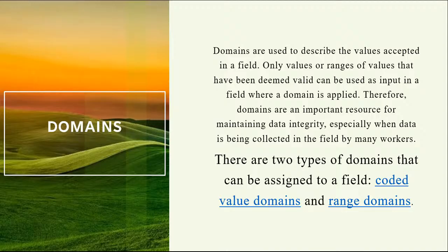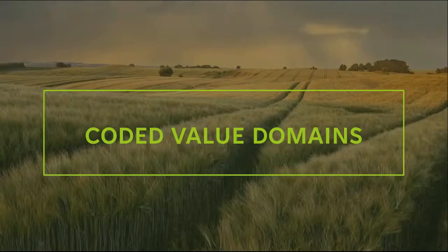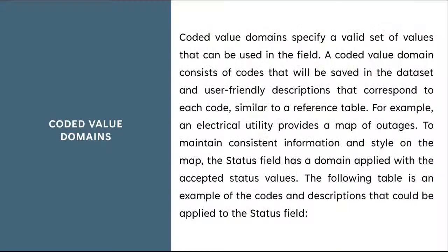Now, basically, there are two types of domain that can be assigned to a field: the coded value domain and the range domain. Coded value domains specify a valid set of values that can be used in the field.